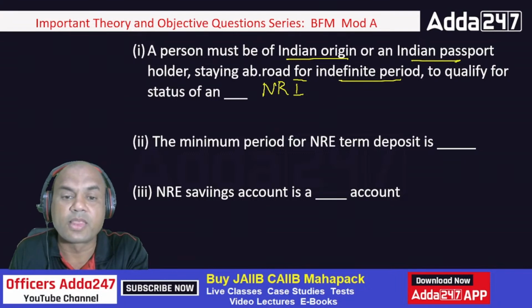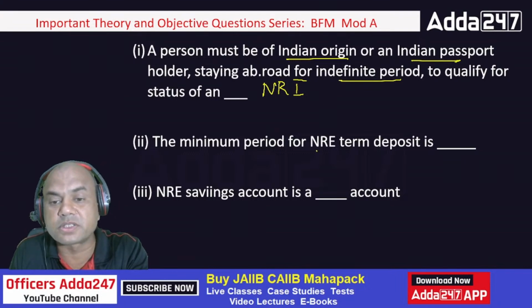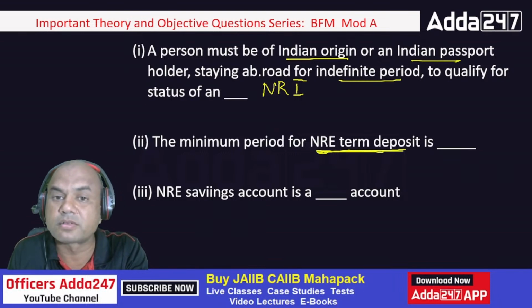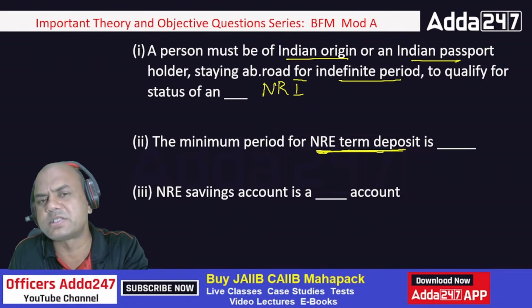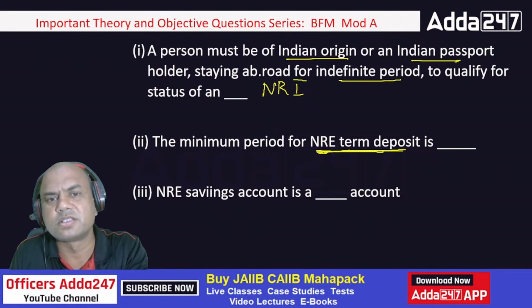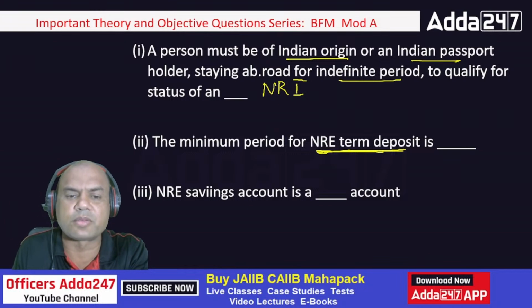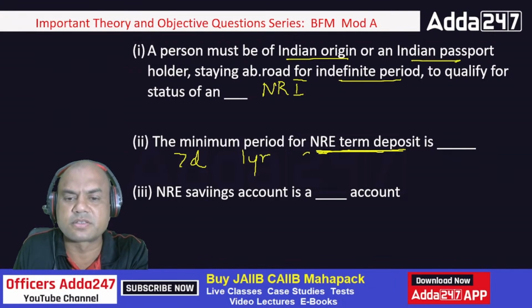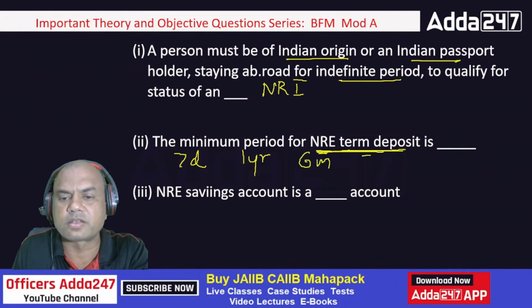Okay. The minimum period for NRE deposit is what? NRE term deposit. Minimum term period. So what is the minimum period? I'll give you some options. 7 days, then 1 year, 6 months, 5 years, or even 10 years.